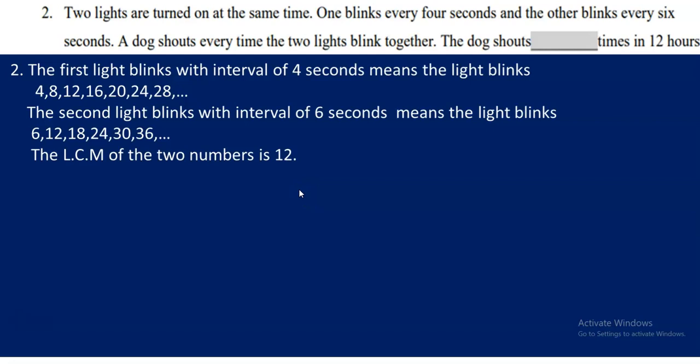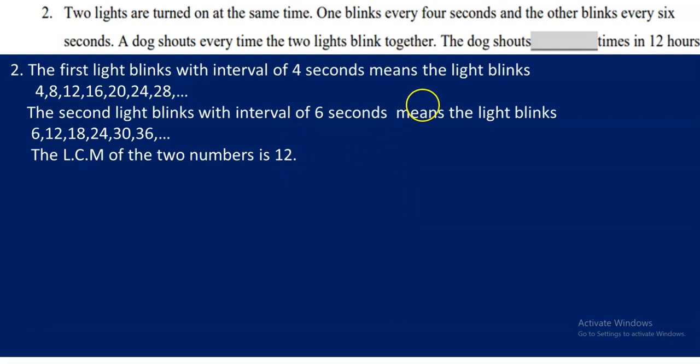For instance, from 12 seconds, the next is 24 seconds, because 12 times 2 makes 24, and next 36 seconds, next 48 seconds. It goes in such a way. Look here, 24 is another common multiple, even though the least one is 12. So at a multiple of 12 seconds, the dog shouts or barks.